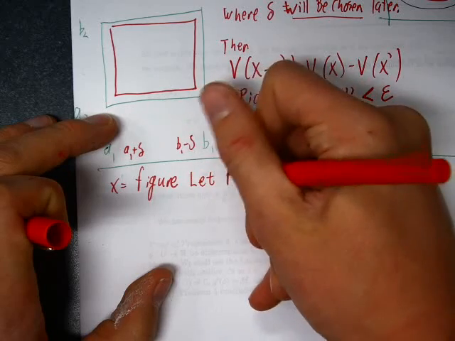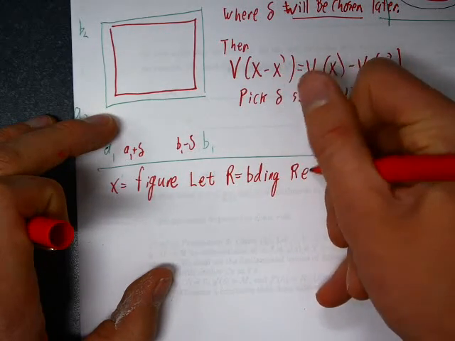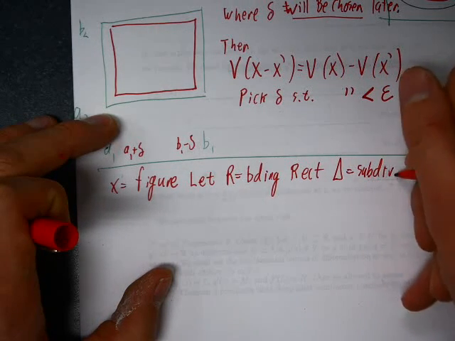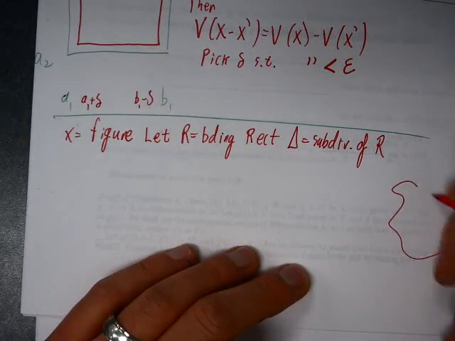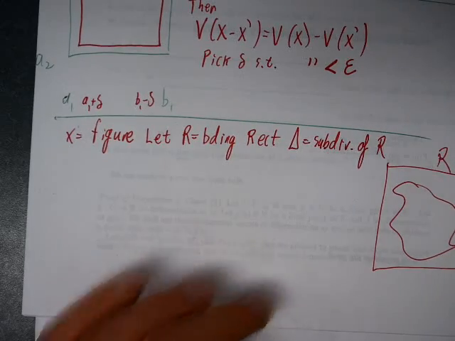So let's let R be a bounding rectangle and delta be a subdivision of this rectangle R. So there's the picture of the bounding rectangle.